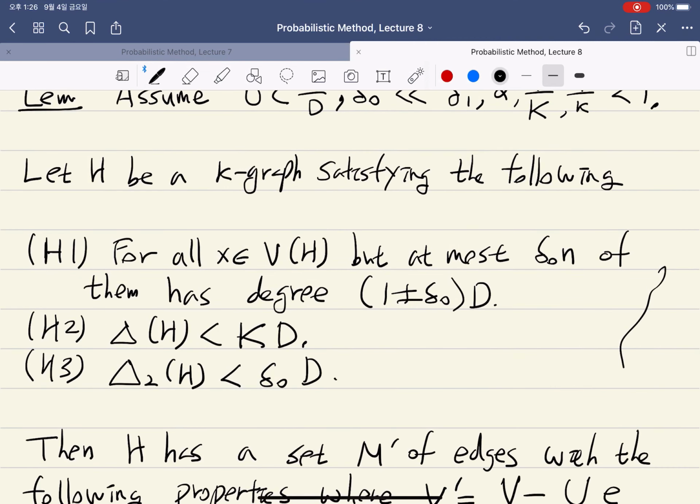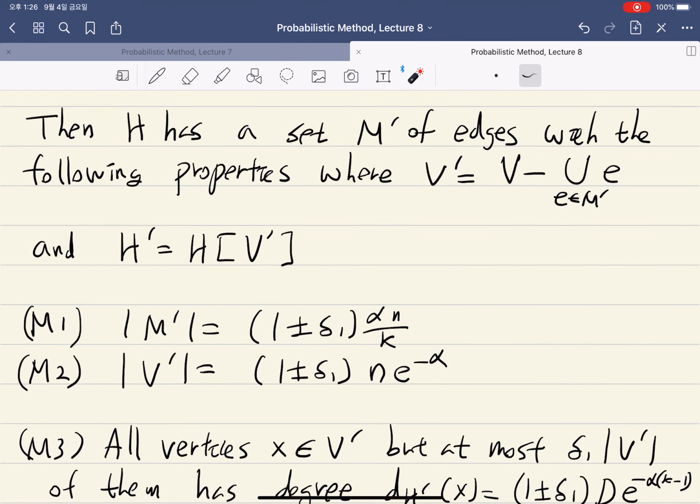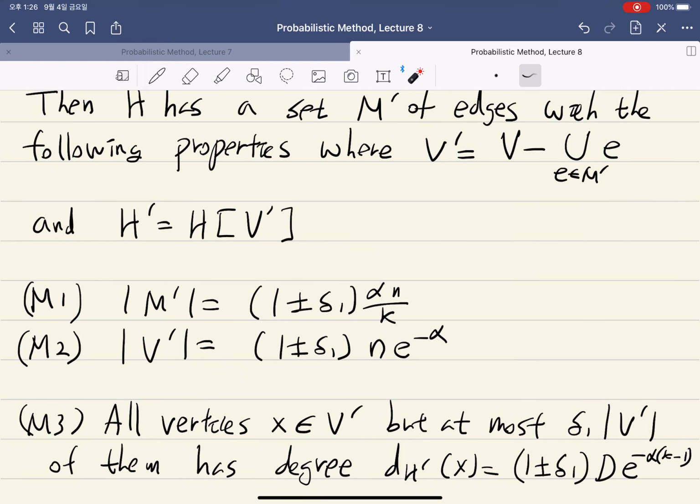If H is sufficiently close to regular, and all the codegrees are sufficiently small compared to its degree, then we can find a set of edges such that the number of edges is roughly alpha n over k, where alpha is the error parameter. Once you delete all the vertices inside the selected edges, the number of remaining vertices is roughly n times e to the negative alpha.